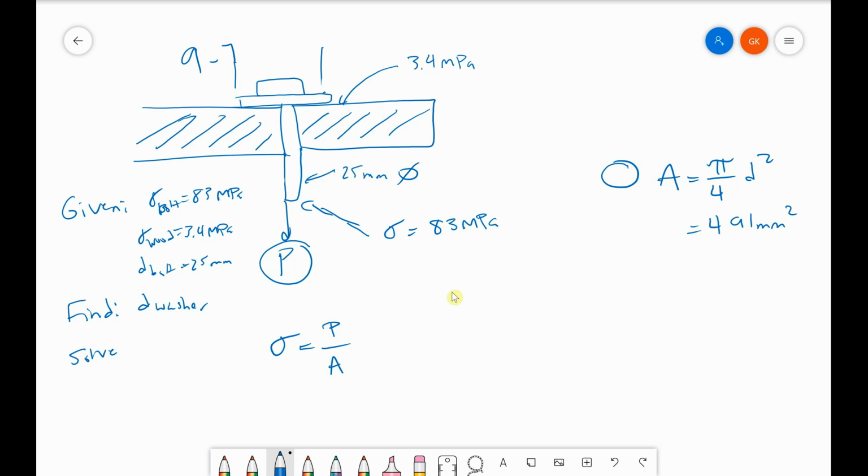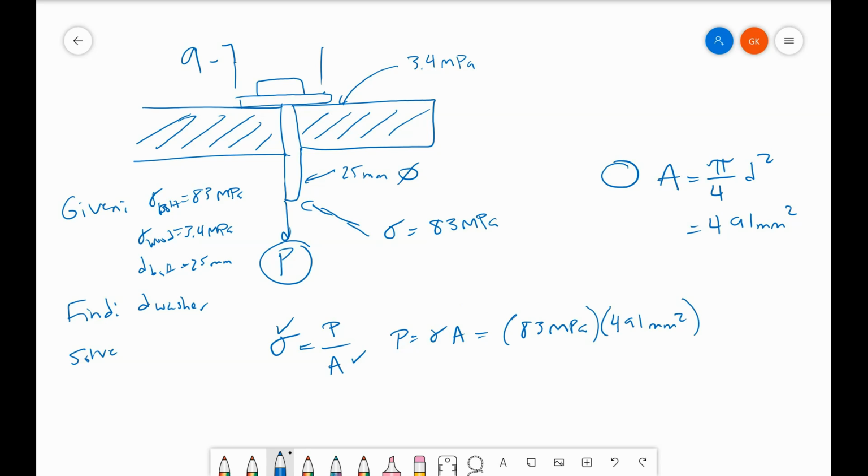With that, I know the stress and I know the area of the bolt, so I should be able to calculate the load. I'm going to rearrange and solve for the load first. It's equal to stress times the area, so 83 megapascals times 491 millimeters squared.